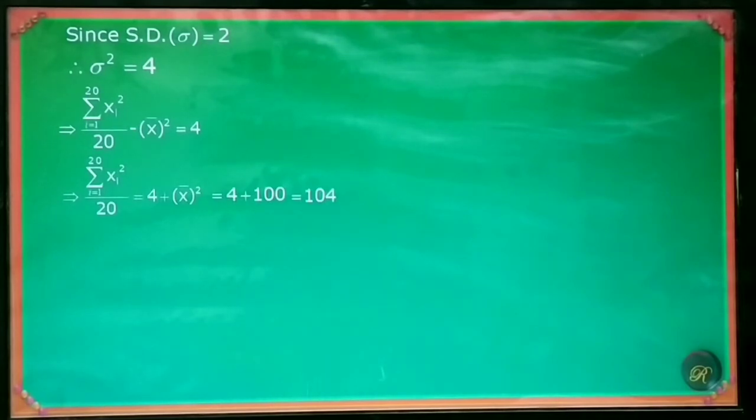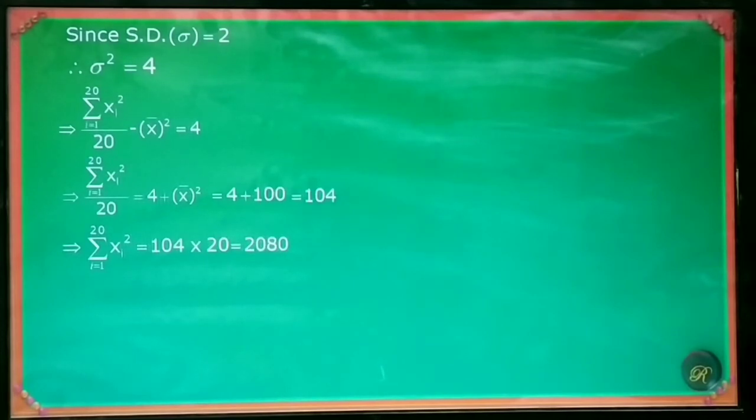By cross multiplication, sum of squares of 20 observations is equal to 104 into 20 is equal to 2080.